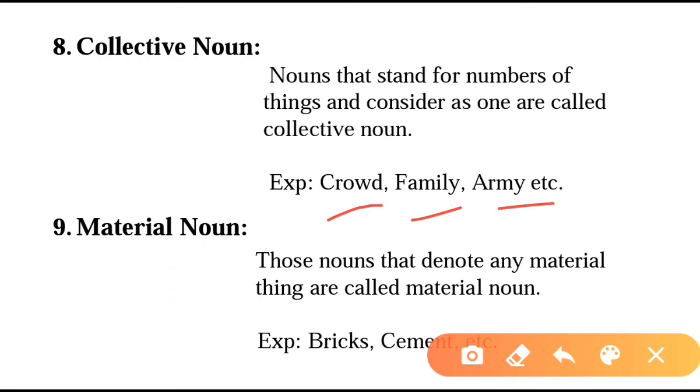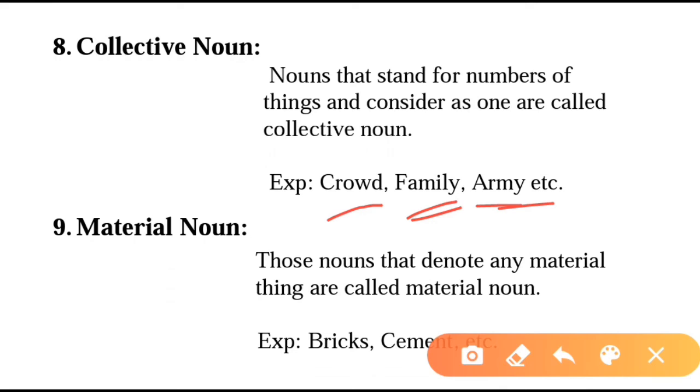Same case when you're talking about family. It is one noun, but in a family you will have more members. Same with army, it is one noun, but in an army you will have a large number of people.